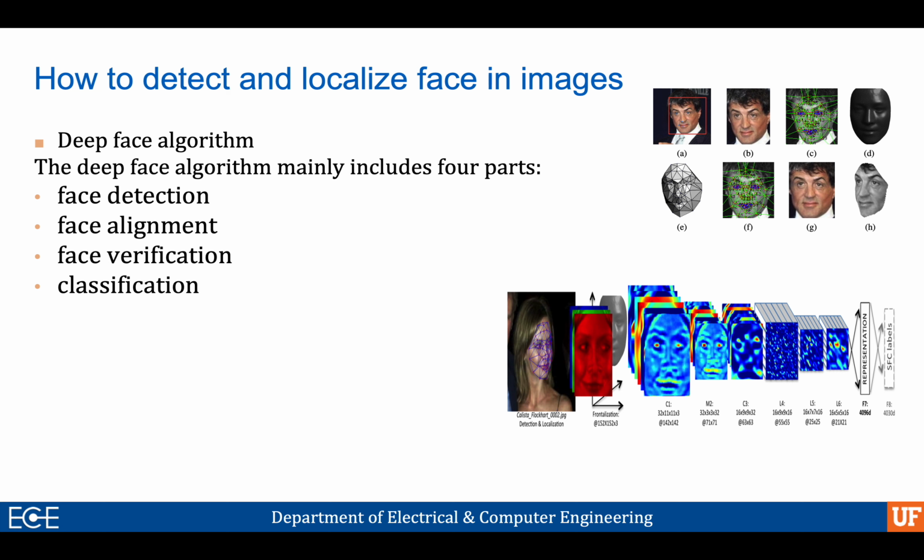Firstly, I want to briefly talk about how to detect and localize face images. I make use of an algorithm called the DeepFace algorithm. The main procedure for this algorithm includes these 4 parts: face detection, face alignment, face verification and classification.